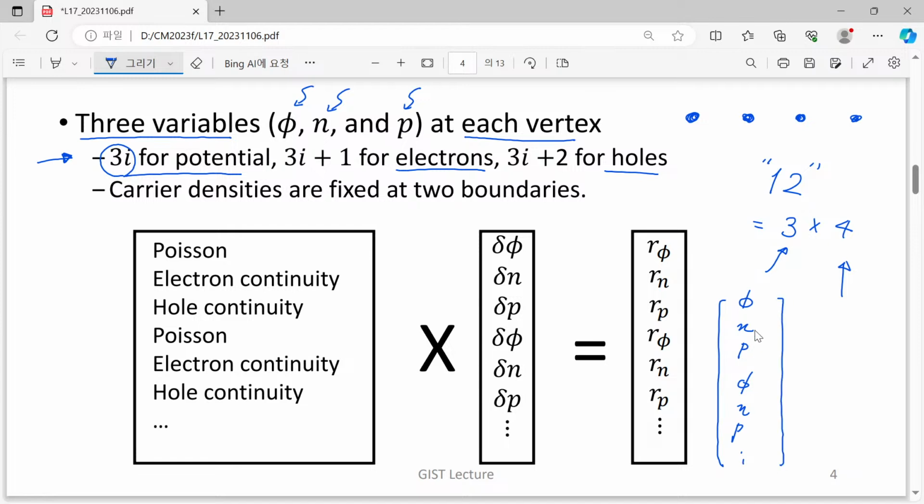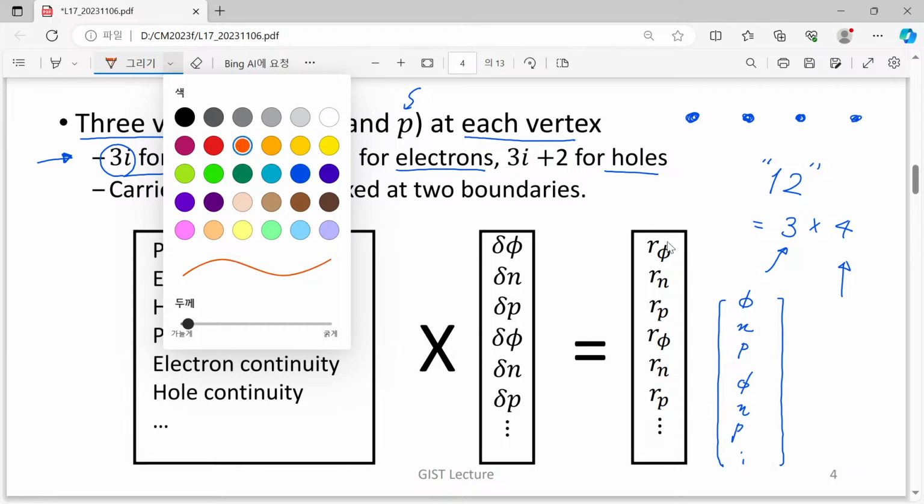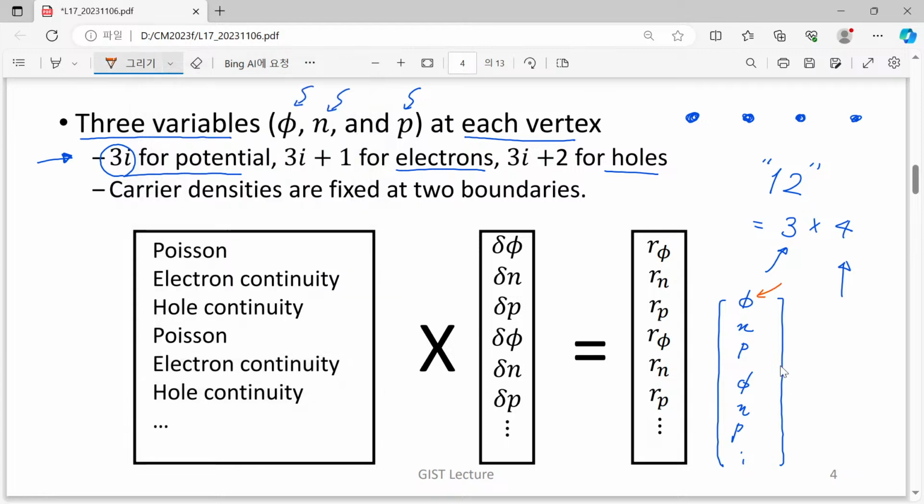Then what is the difference between these? Here we can find several phi values. Here we have phi, and here we have another phi, and of course here we will have another phi. What is the difference between them? This is the phi value defined at the zeroth vertex, this is the first vertex, and this is the second vertex. So what is the index for this?